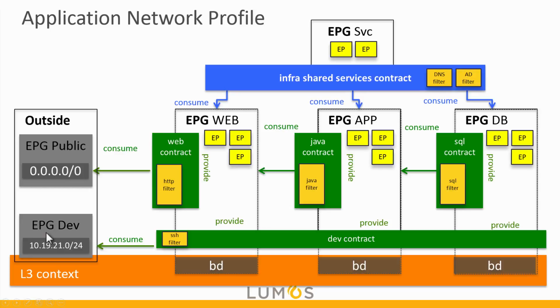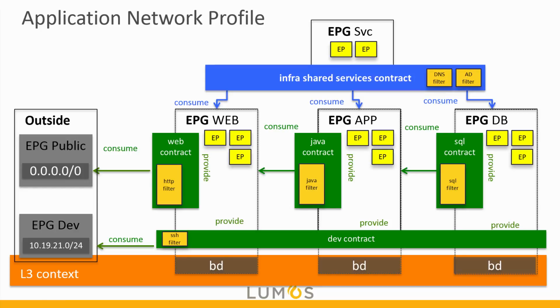Everyone that doesn't fall into the specific development subnet, which is 10.19.21.0/24, is consuming a different contract, which is the dev contract, being provided by the web, app, and database, which has the SSH filter. So again, this would allow me to have different EPGs providing and consuming different contracts and allowing very granular types of control.